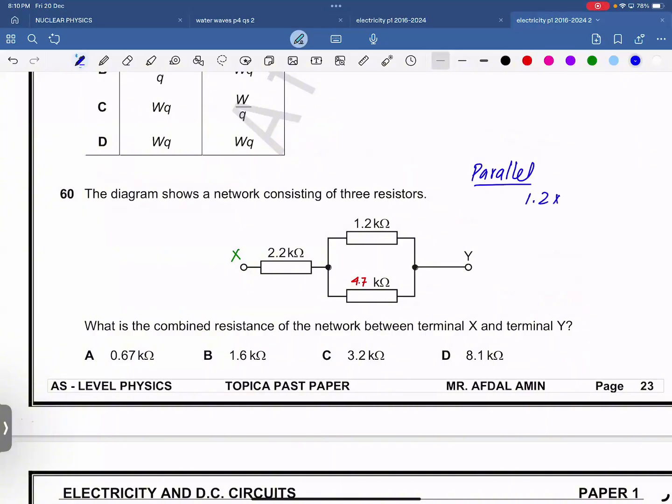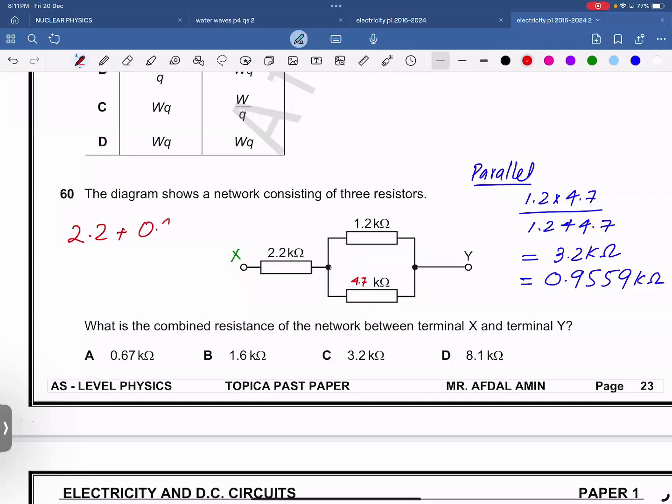Parallel is 1.2, 4.7, which is 0.9559 kilo. So total resistance will be 2.2 plus 0.9559 kilo, which is 3.2 kilo ohms.